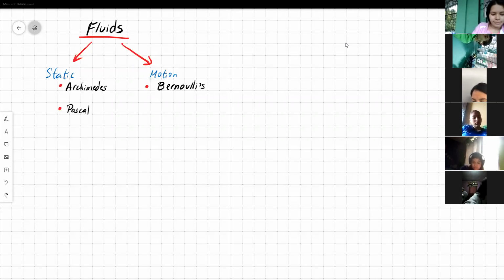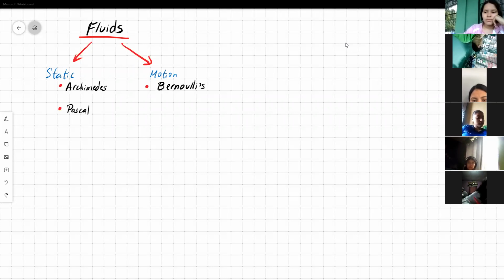So far we have been working with two types of exercises, Pascal and Archimedes, and both have in common that the fluids were static. In this case, we're going to consider motion. That means that the fluid actually is moving, it's changing position.